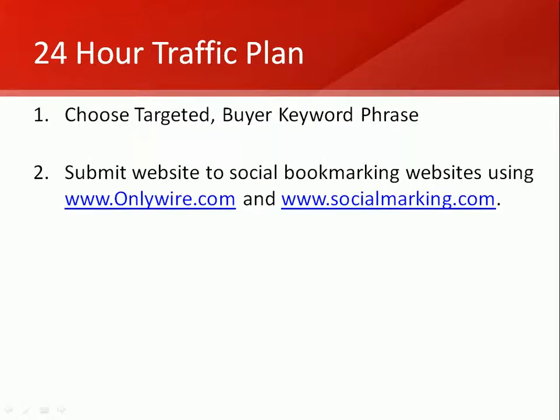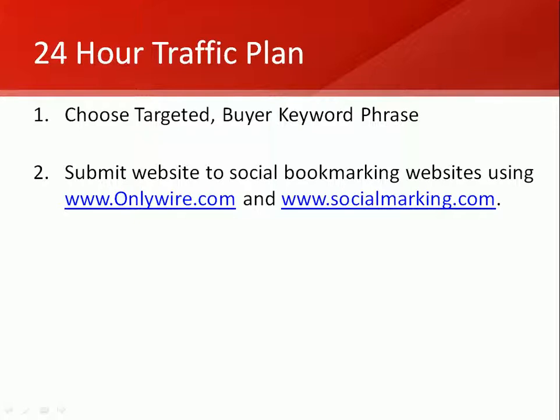After you've identified the keyword phrase, the very next step is to submit your website to social bookmarking websites using www.onlywire.com and www.socialmarking.com. Those are places that have information and links to websites where you can access social bookmarking websites.